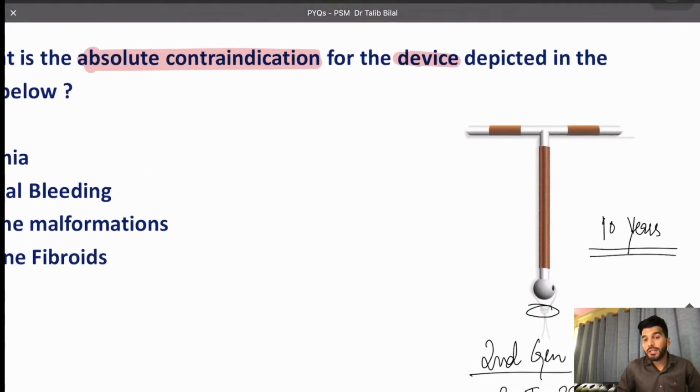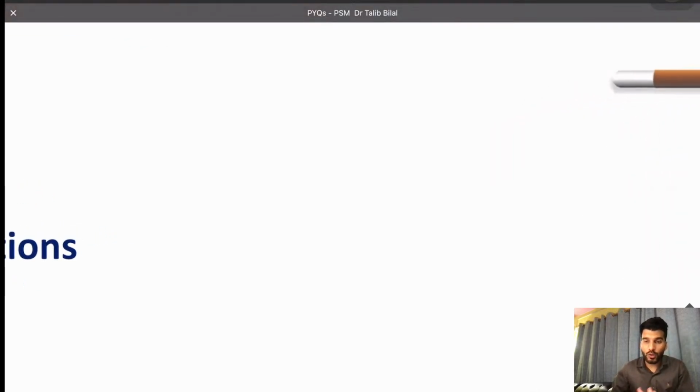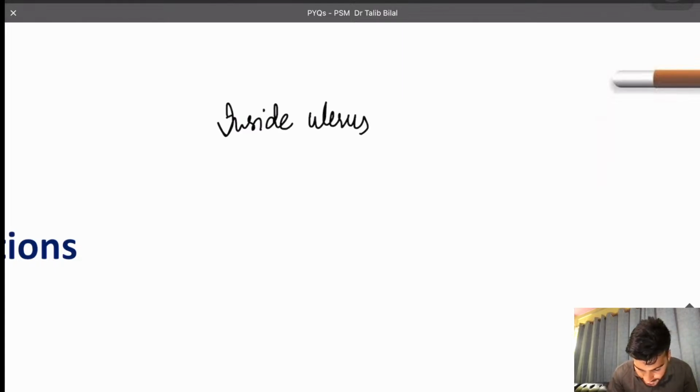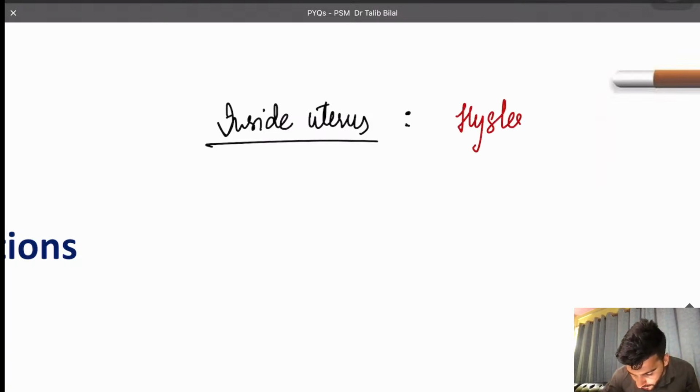If you're not able to locate it, you go for an abdominal x-ray, hysteroscopy, and sometimes a USG as well to locate the contraceptive device. The hint: if it is inside the uterus, as mentioned in the question, how will you remove it? You will go with hysteroscopy.